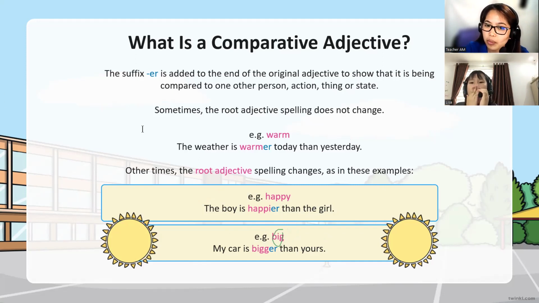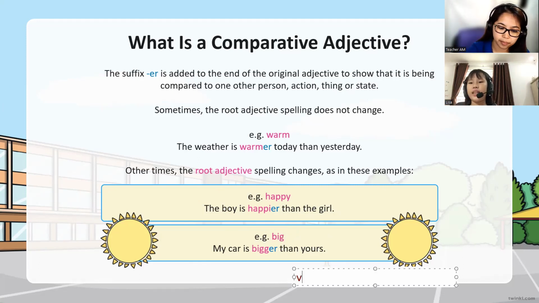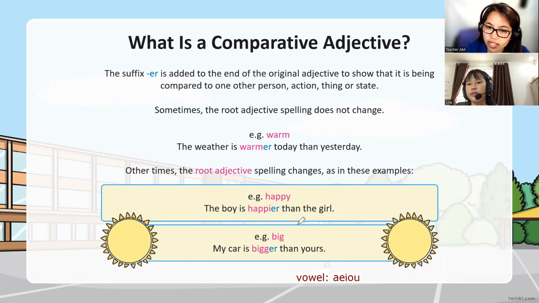Can you still remember the vowels? Yes. What are the vowel letters? A, E, I, O, U. Very good. So if the second to the last letter is a vowel and followed by a consonant, we double the consonant g. All right?